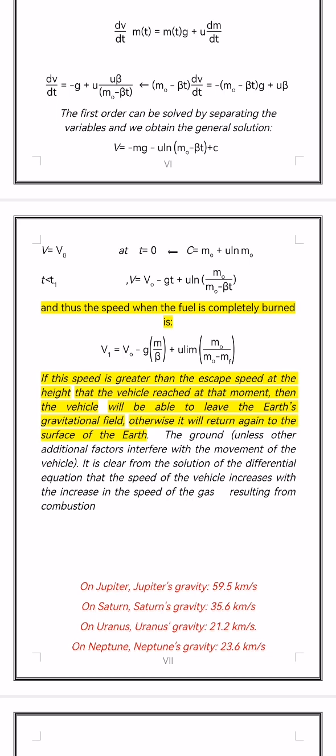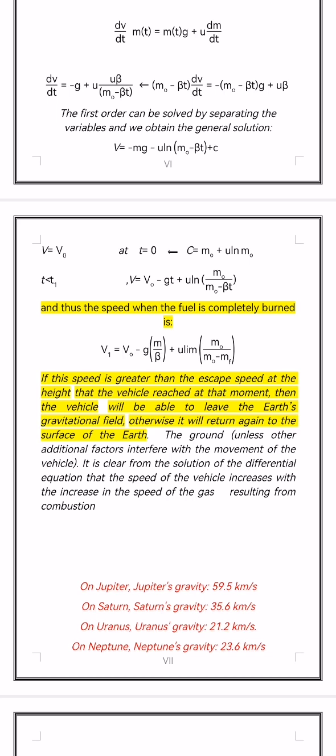Otherwise, it will return again to the surface of the Earth, the ground, unless other additional factors interfere with the movement of the vehicle. It is clear from the solution of the differential equation that the speed of the vehicle increases with the increase in the burn rate and the speed of the gas resulting from the combustion.